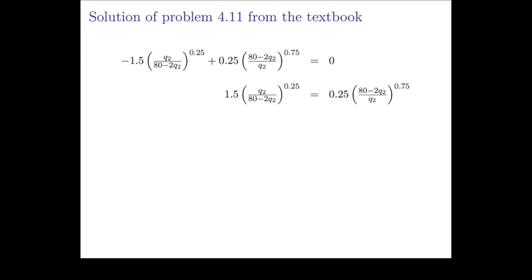Now we can move one of these to the other side, and so we have that this bit has to equal this bit. Now we've got here q2 divided by 80 minus 2q2 to the 0.25 equals 80 minus 2q2 divided by q2 to the 0.75. What we could do is multiply both sides by q2 divided by 80 minus 2q2 to the 0.75.